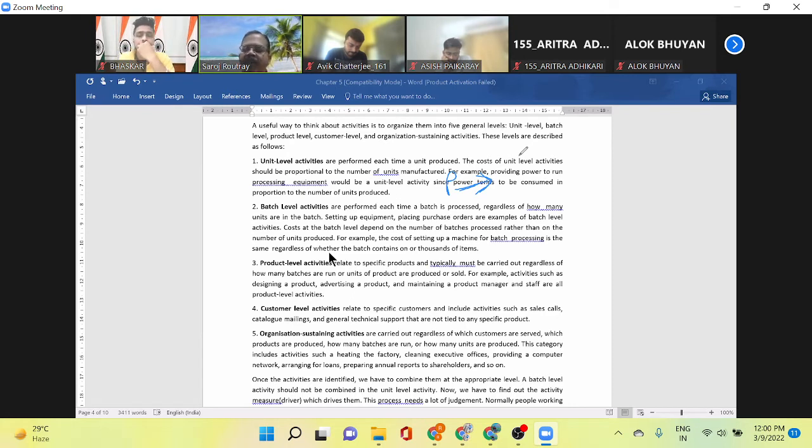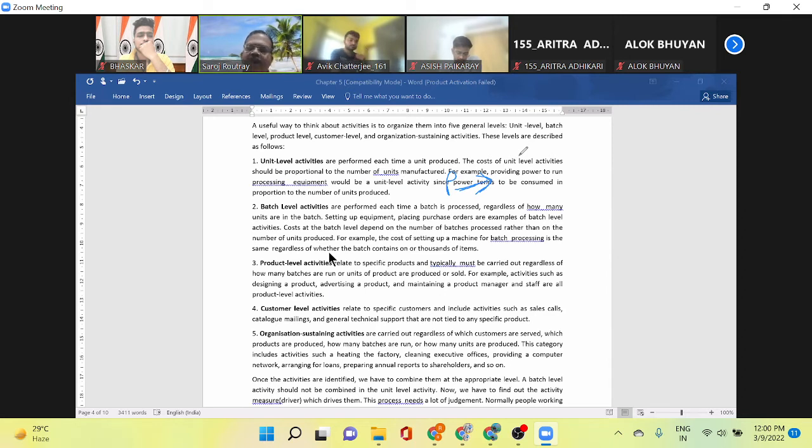Fees paid to director, research and development if it is a regular feature of the company. It's an organization sustaining activity. And these activities you cannot charge to a product. Okay, these expenses you have to recover from the margin you will be having.